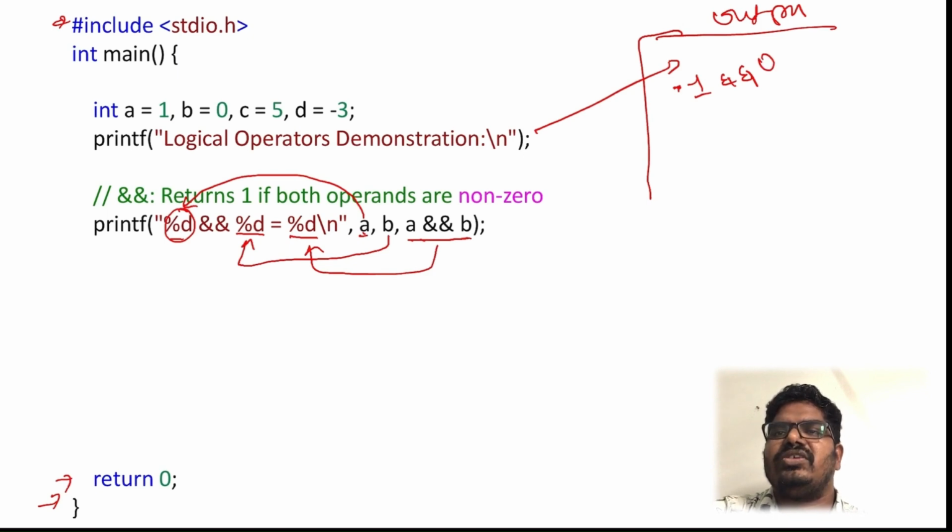So 1 and 0, what should be the result? This is the operation on A and B. Both operands, operand A and operand B, should be non-zero. But in this case, operand A is non-zero, but operand B is 0. That's the reason the result you are going to get is 0. This is going to return 0. Right?